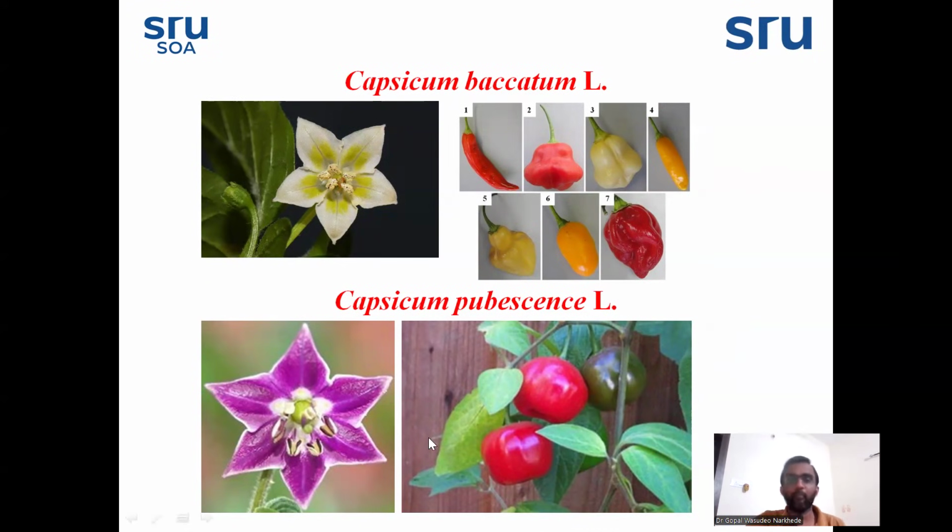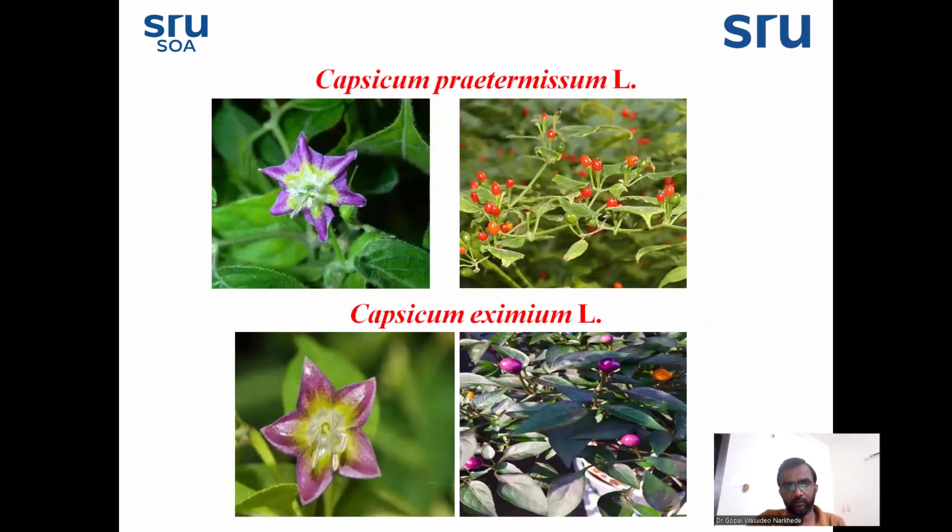Next, Capsicum pubescens, purple corolla. Next, Capsicum praetermissum. You can see one by one is different in flower structure and fruit type, with fruit color also.